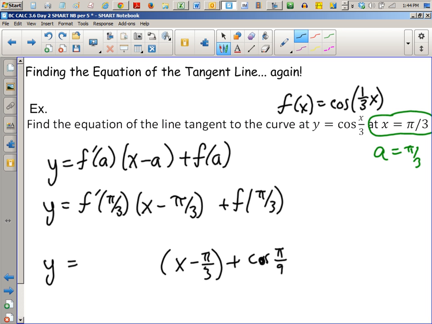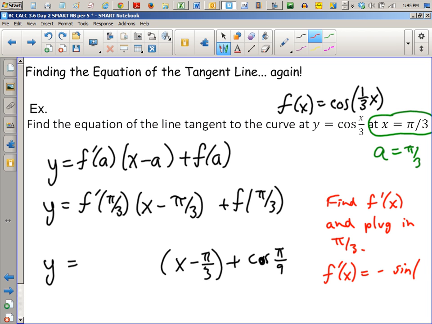So this brings up one more question. What is f prime of pi over 3? Well, you need to find f prime of x, right? So now let's do a little detour problem. We've got to find f prime of x and plug in pi over 3, right? So you tell me, what is the derivative of cosine of 1/3 x? First and foremost, it's a cosine, so it's going to have derivative what? Negative sine.